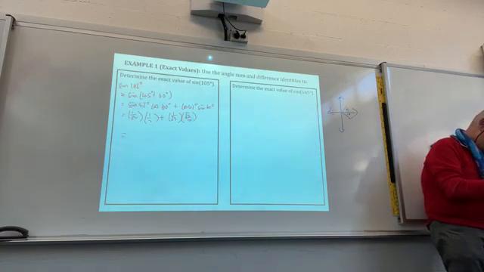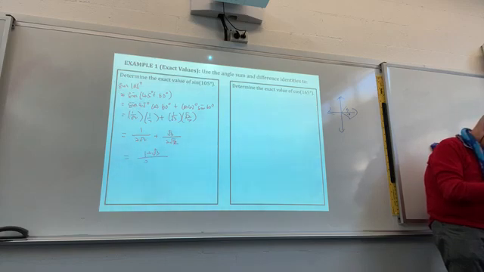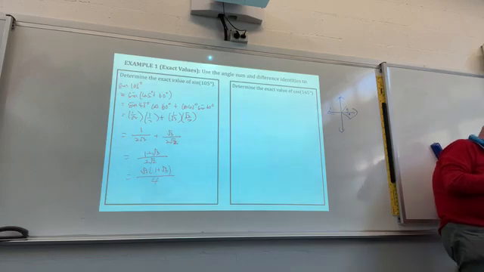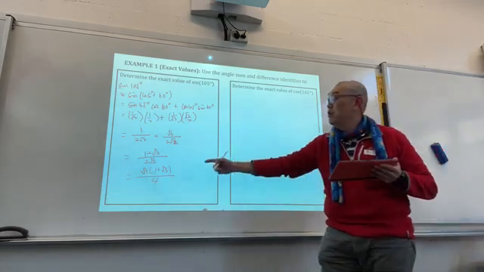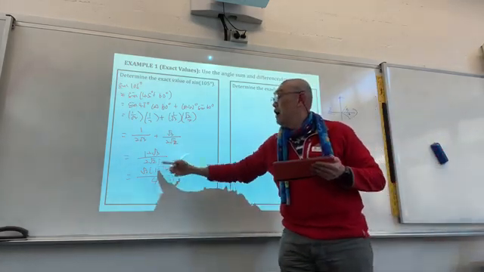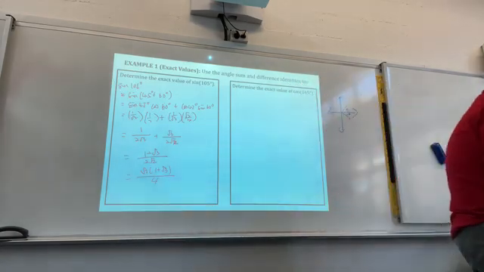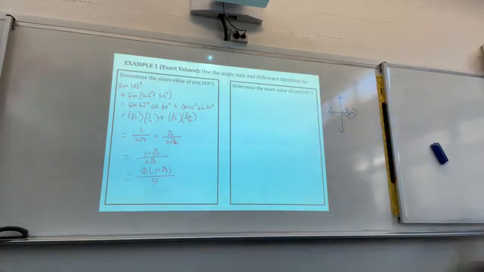Therefore it is 1 over 2 root 2 minus root 3 over 2 root 2, which equals 1 minus root 3 over 2 root 2, which is root 2 times (1 minus root 3) over 4. You must be able to rationalize your denominator.